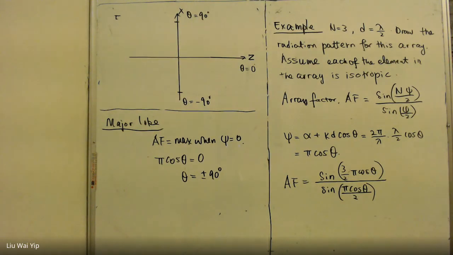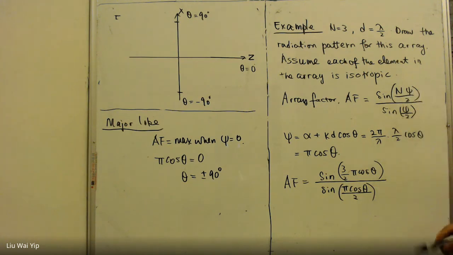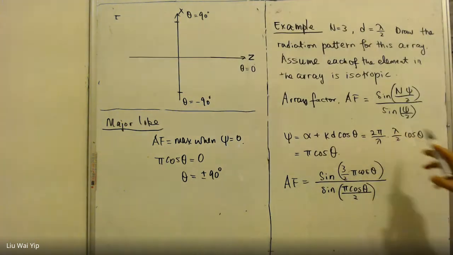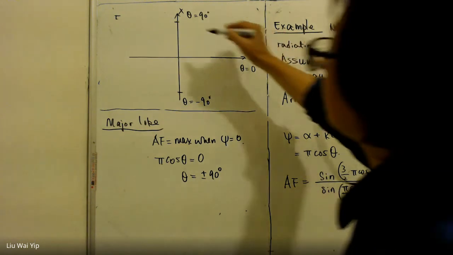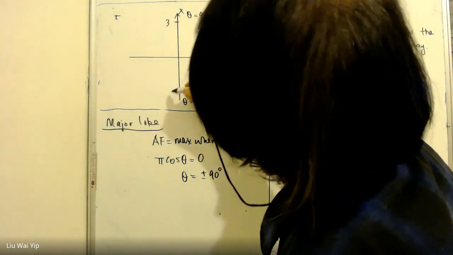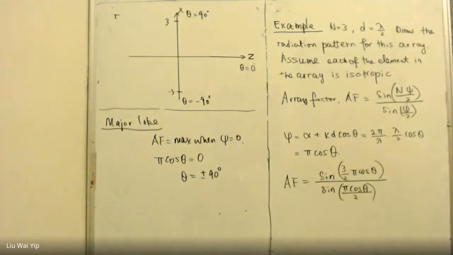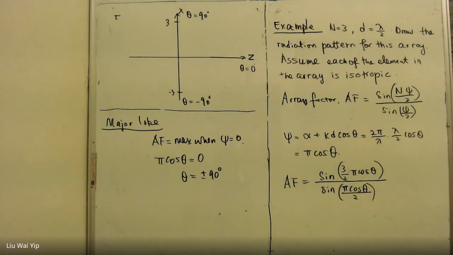And we also know that based on this sine function, the maximum value will be n. So n is 3. So we expect here to be 3, and this one will be minus 3 here. So this is what we know.